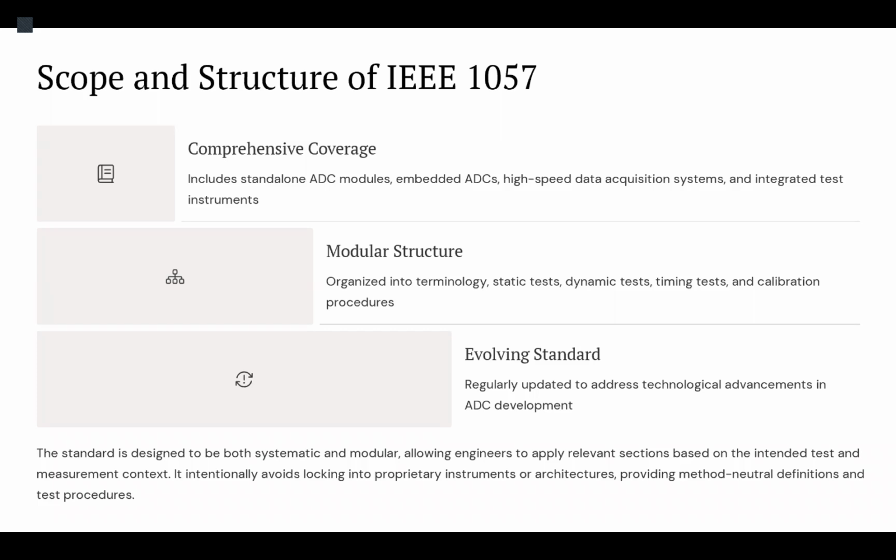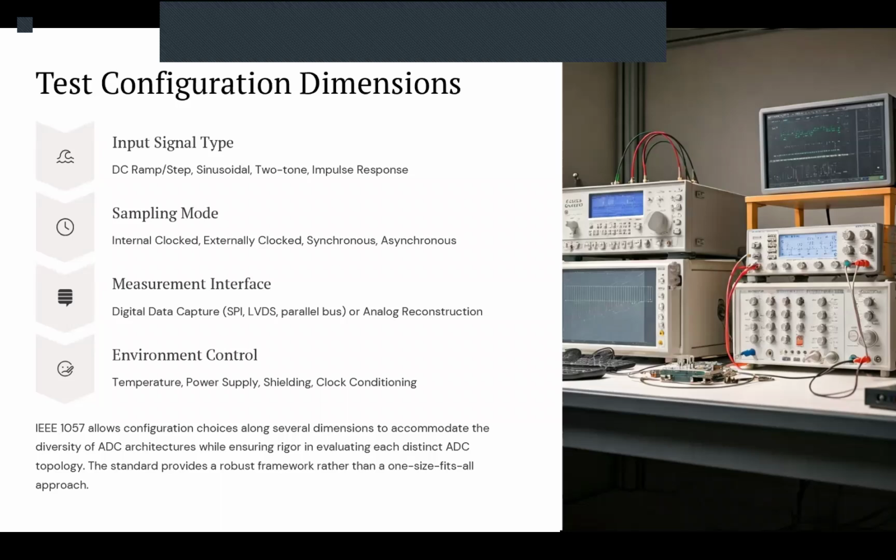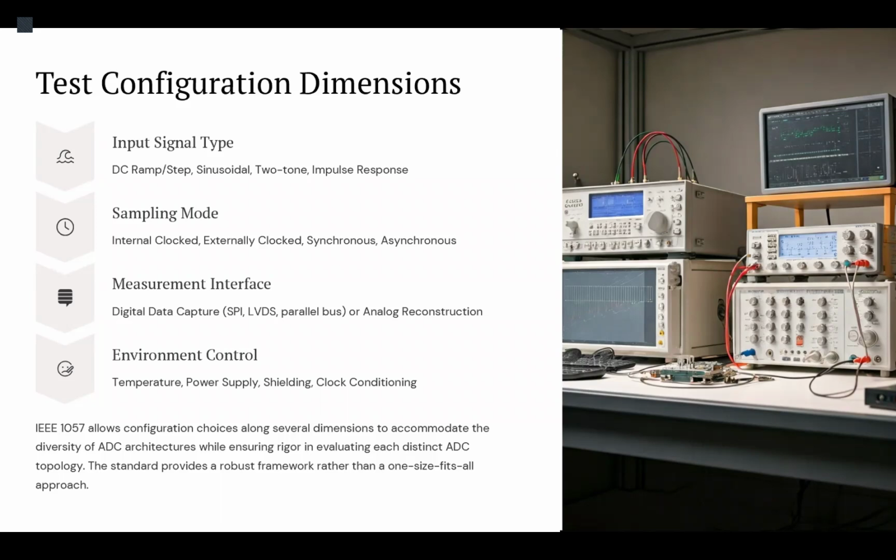Now, how do these testing configuration dimensions differ? The tests differ in settings and conditions for different ADC architectures. Testing an ADC is not just about applying a signal and reading the output. It involves many careful control dimensions.